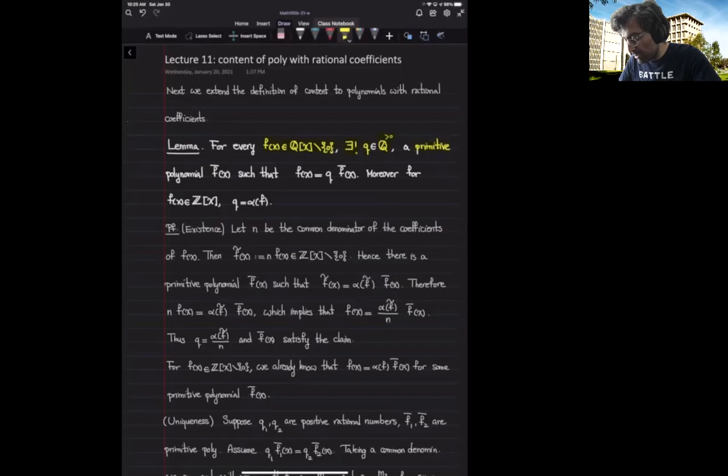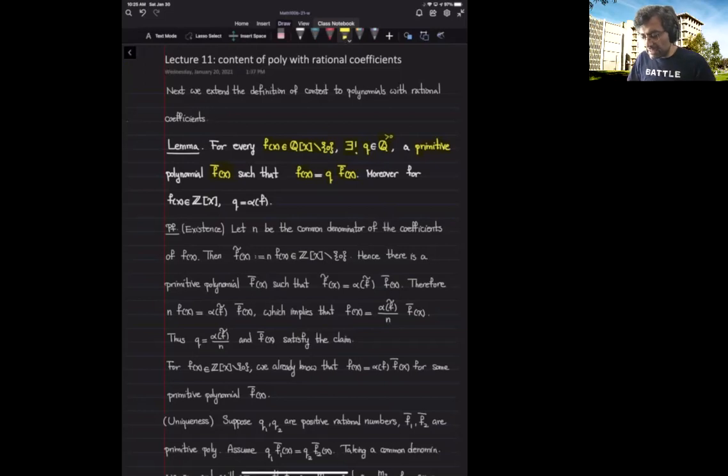So there exists a unique pair of a positive rational number q and a primitive polynomial f bar such that f is just q times f bar. So every non-zero polynomial with rational coefficients can be written in a unique way as a product of a positive rational number and a primitive polynomial.